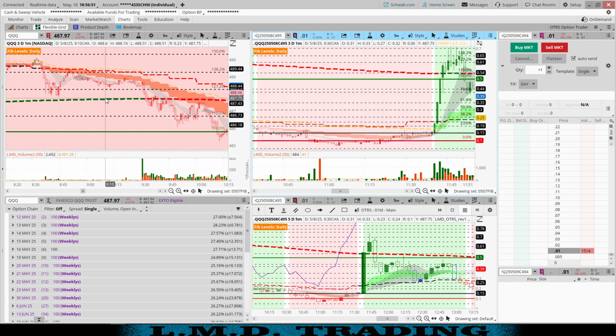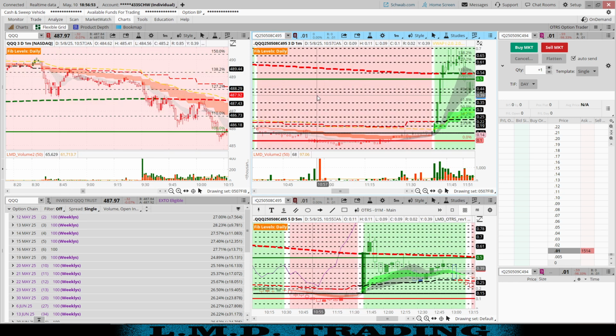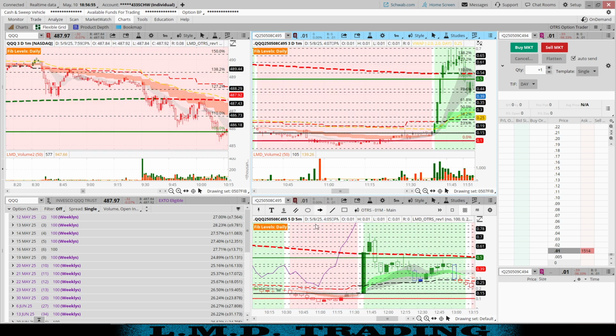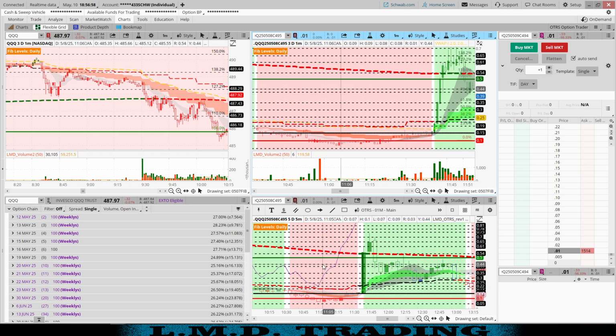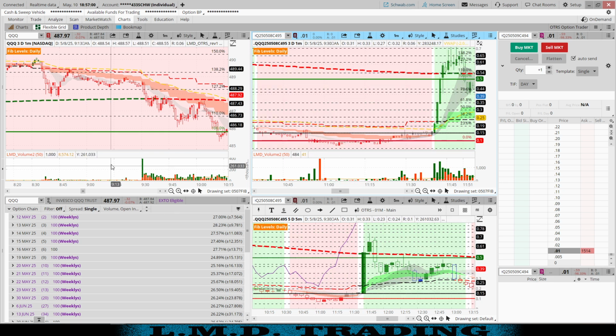I've got just a 1 minute chart here. This upper chart is for calls, this lower chart here is for puts, and what I did on this particular day is I tried to find contracts that were about $7 out of the money going either way.